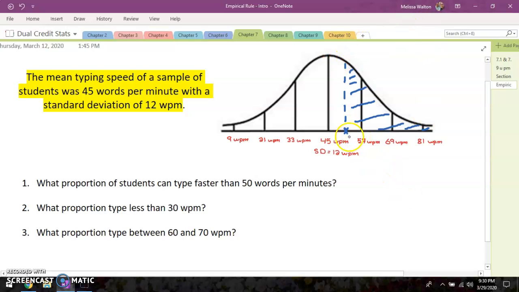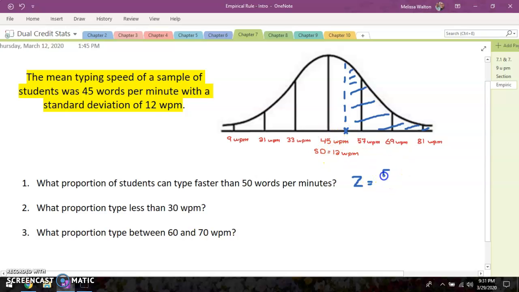Now, a few things that we do know about this. This is at 50 words per minute. One thing we could calculate here is a z-score, and this is what we did in chapter 3. To figure out a z-score, you take the value you have minus the mean, divided by the standard deviation.